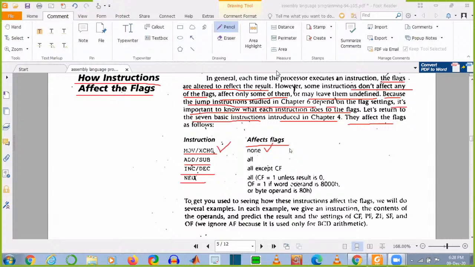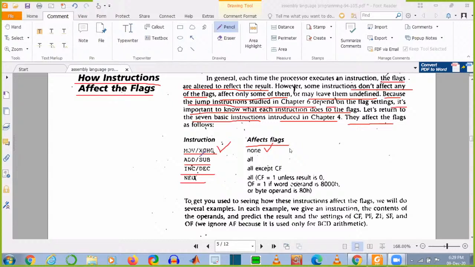So when you perform move and exchange operation, whether there is a carry out, whether there is not a carry out, whether there is a negative result, whether there is signed overflow, whether there is unsigned overflow, nothing will affect any of the flags when you perform move and exchange operation. So move and exchange operation does not affect any of the 6 status flags. That's why during move and exchange operation, all the flags will remain zero.